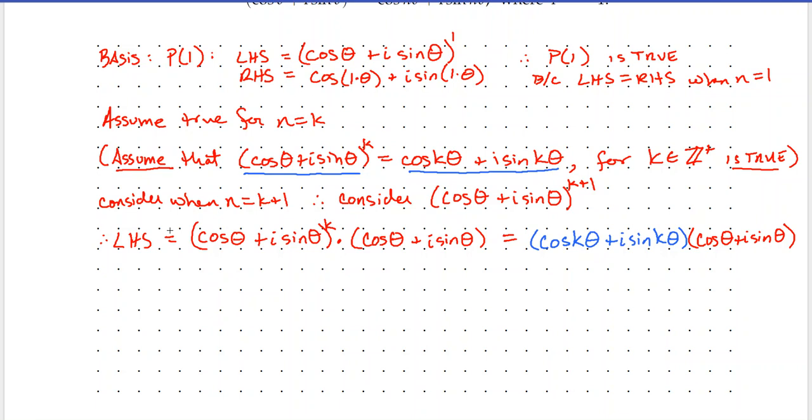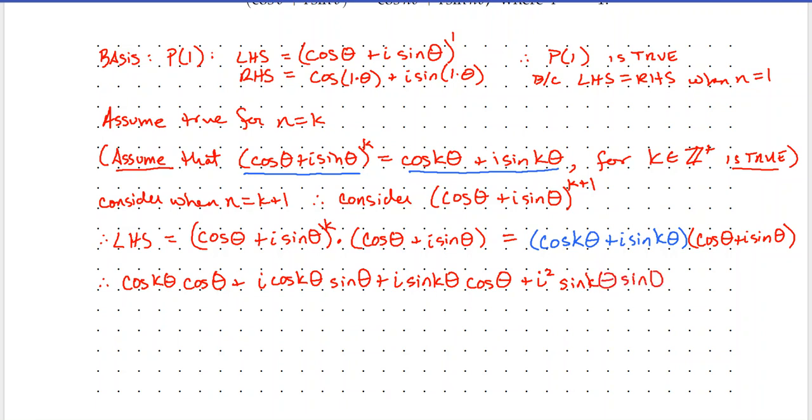If we go ahead and multiply, we've got the cosine of k theta times the cosine of theta, plus i cosine of k theta times the sine of theta, plus i sine of k theta times the cosine of theta, and then plus i squared sine of k theta sine of theta, if I go through and do my distribution.